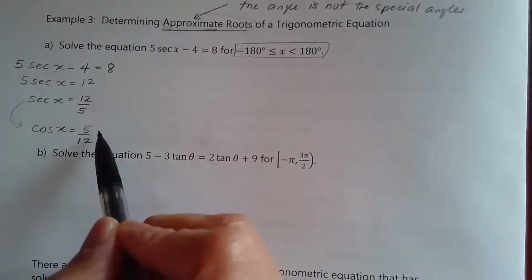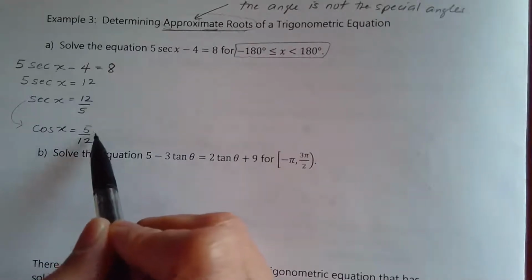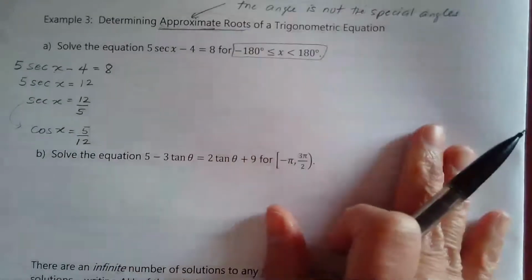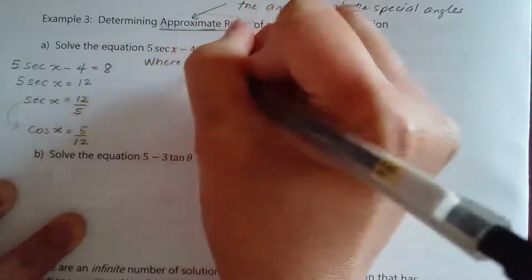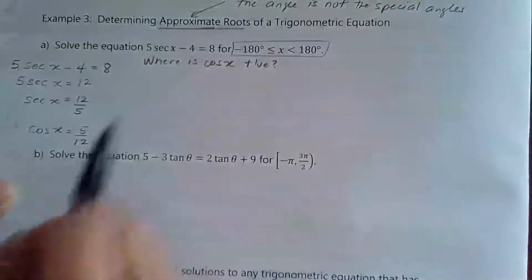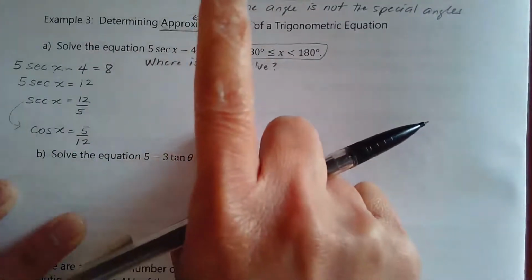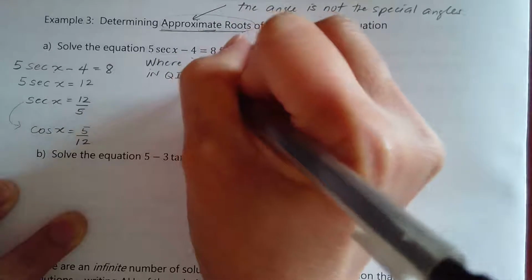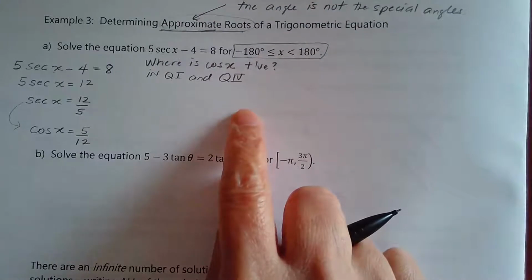Now that we have this, you notice 5/12 is such a weird number. It's not one of those values on our unit circle. So now we have to ask ourselves, where is cosine x positive? We know that cosine is positive in quadrant 1 and quadrant 4.